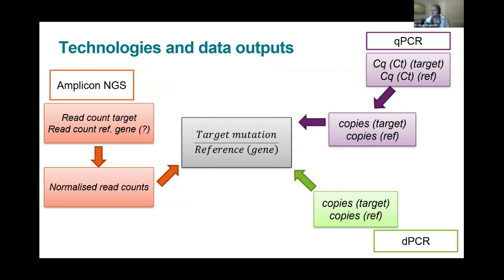We've got techniques like real-time qPCR, which has been used for the last 10 to 20 years, where qPCR initially defines a quantification cycle, or CT, for both of those targets, and that's then used to calculate the copy number concentration from a standard curve.